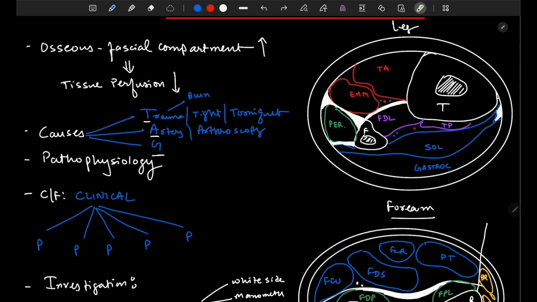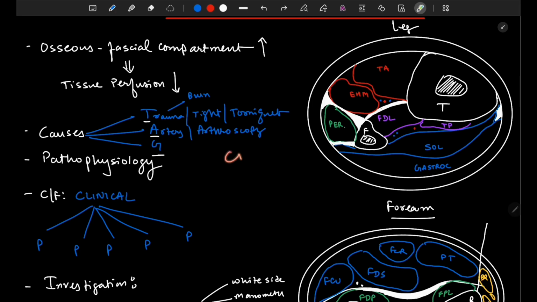The pathophysiology of compartment syndrome. How does it develop? Whenever swelling of the muscles happens, after an injury or post-surgery swelling, it causes an increase in the compartment pressure. Normally it is around 10 to 15 mmHg, but this increases to a significant value, which causes venous and lymphatic obstruction. This obstruction causes an increase in intra-compartment pressure, which exceeds the compartment perfusion pressure, which we'll talk about in a later section.